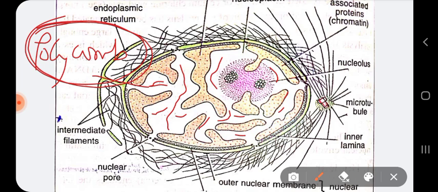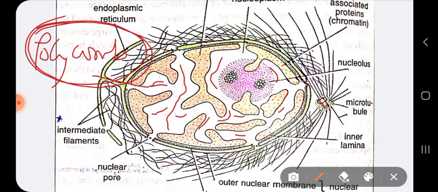I think you can name those enzymes too, because within the nucleus, what events occur? Replication occurs, and for replication, what type of enzymes are needed? We know DNA polymerase, helicase, these types of enzymes. It is also involved in transcription, so the nucleoplasm also contains enzymes like RNA polymerase.